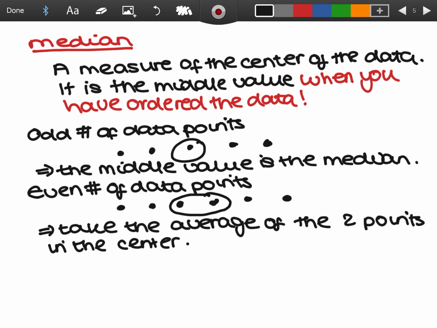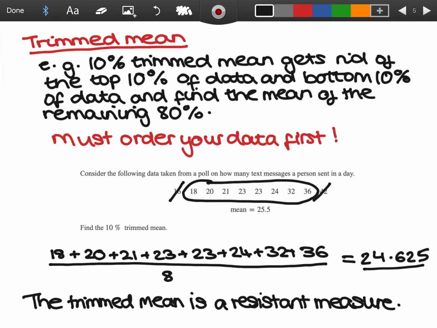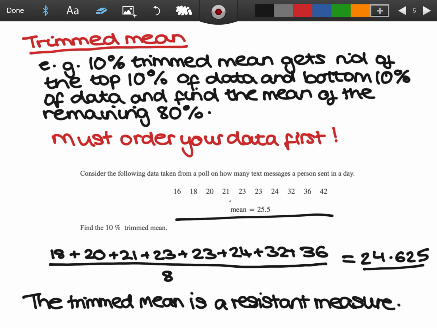So let's say we came back here and looked at this data set. I know I've crossed a couple of these out, but when we were looking at this data set, I had 10 data points, which is an even number. So I would have to count my way in.